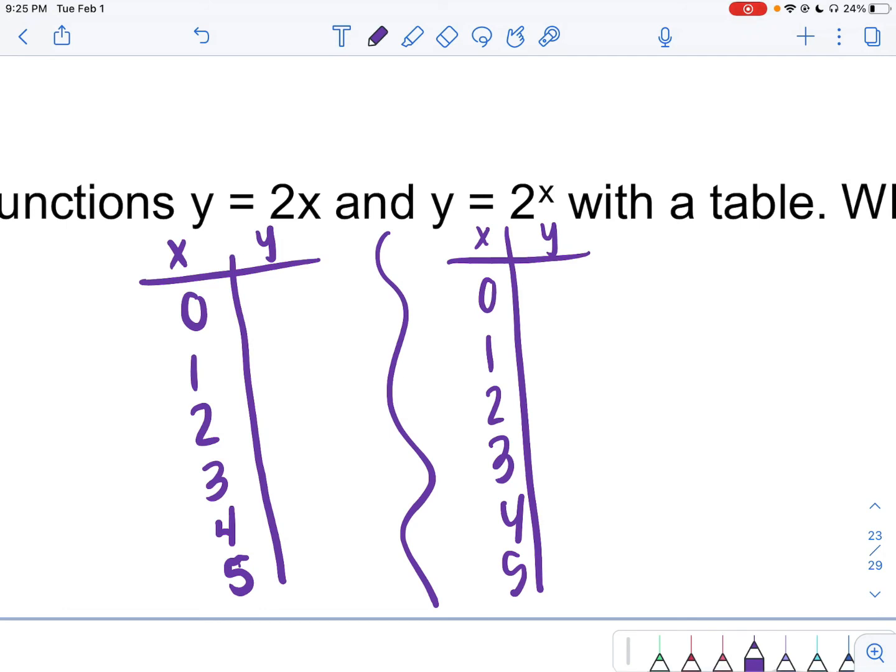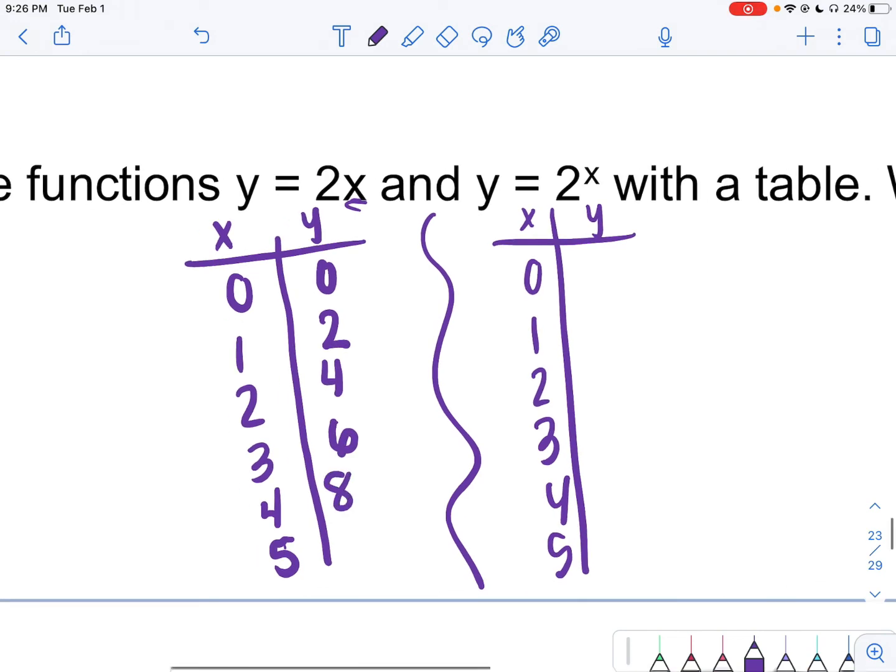Okay, hopefully you paused it and you weren't just waiting for me to do it. If we have y equals 2x, I'm just going to replace x with my x value. So first we have 2 times 0, that gives us 0, 2 times 1, 2 times 2, 2 times 3, 2 times 4, and then 2 times 5.